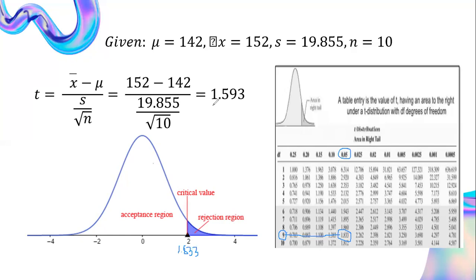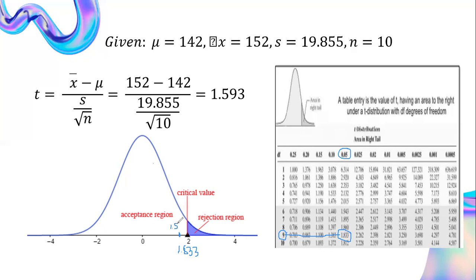Okay? And since you know already the critical value and the test statistic, which is 1.593, where are you going to locate this 1.593? Is it before the boundary, which is 1.833, or beyond the 1.833? Of course, the 1.593 falls somewhere here, right?